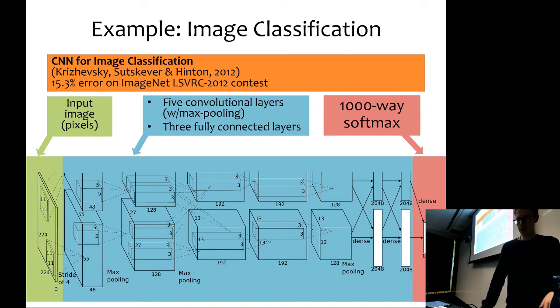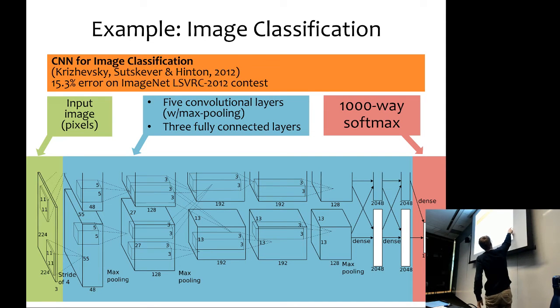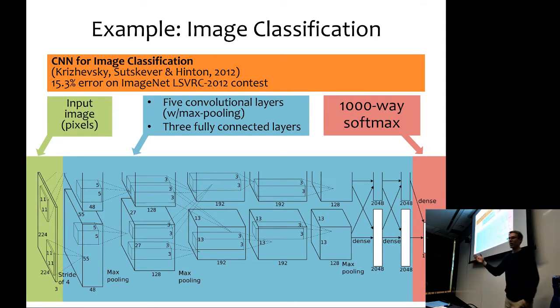The output was a 1,000-way softmax, a dense vector representing a probability distribution over the 1,000 different classes we were trying to classify into.